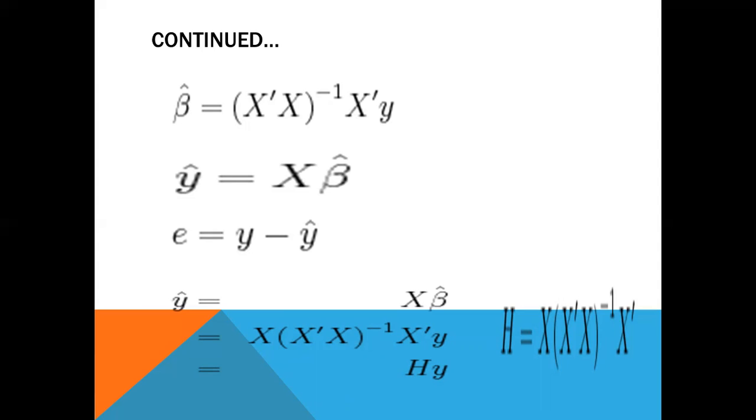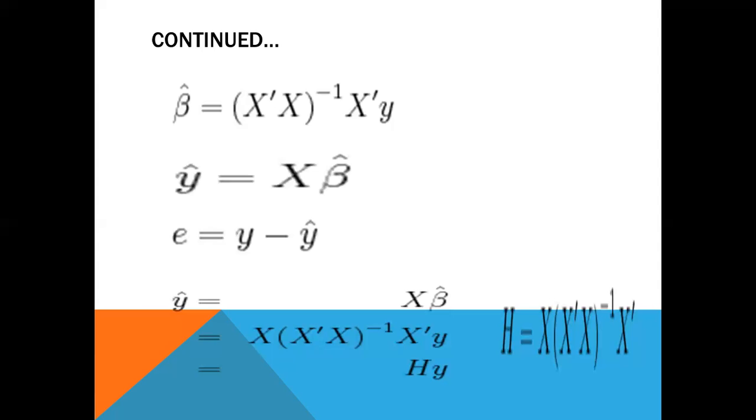So this is the main formula for the multiple linear regression. So b cap equals x transpose multiplied by x to the power minus 1. So all these things are taught in the module number 1, how to find the inverse of a matrix and all. So just go through it.